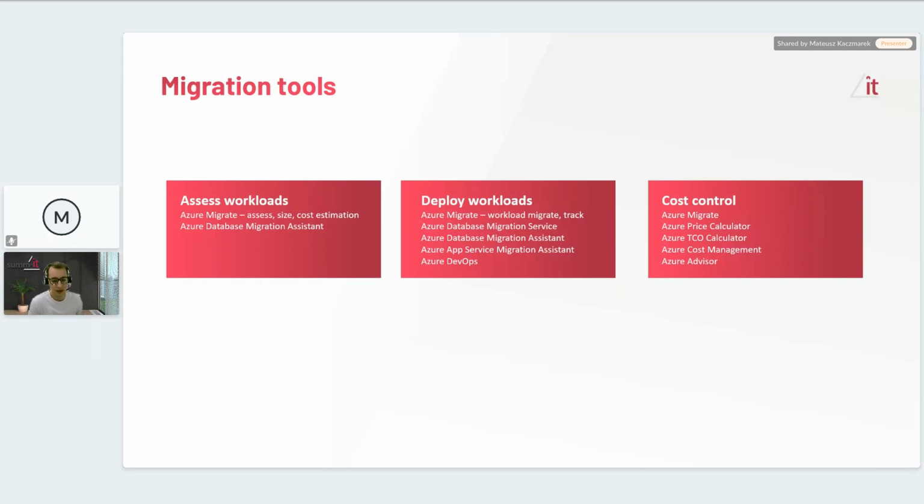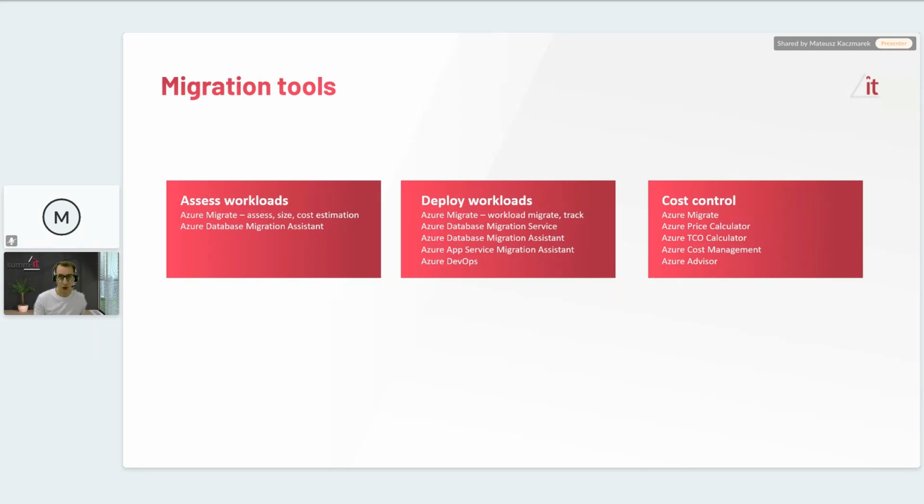Same for Database Migration Assistant. But during the presentation, I also talked very much about the cost. Cost control is very important when we are migrating to the cloud, because when we are not aware of the costs, we can have unexpected costs, let's say.